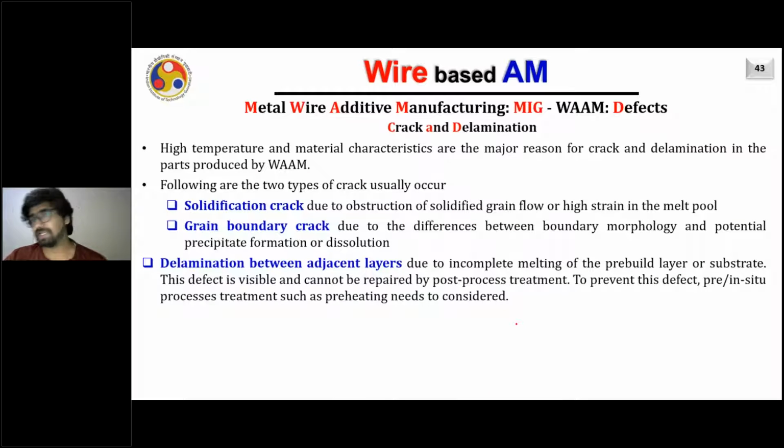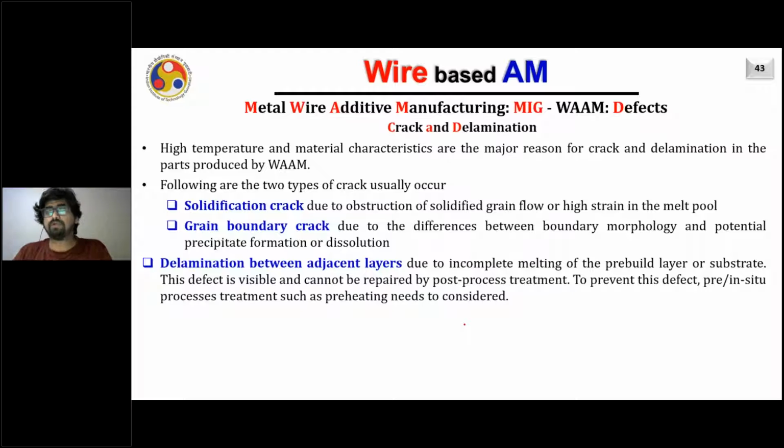The last defect for the MIG WAAM process is that high temperature and material characteristics are a major reason for cracks. The defects are crack and deformation or delamination. There are possibly two reasons for crack. One is the solidification crack, another is the grain boundary crack. The solidification crack is usually observed due to the obstruction of solidified grain flow or high strain in the melt pool, right?